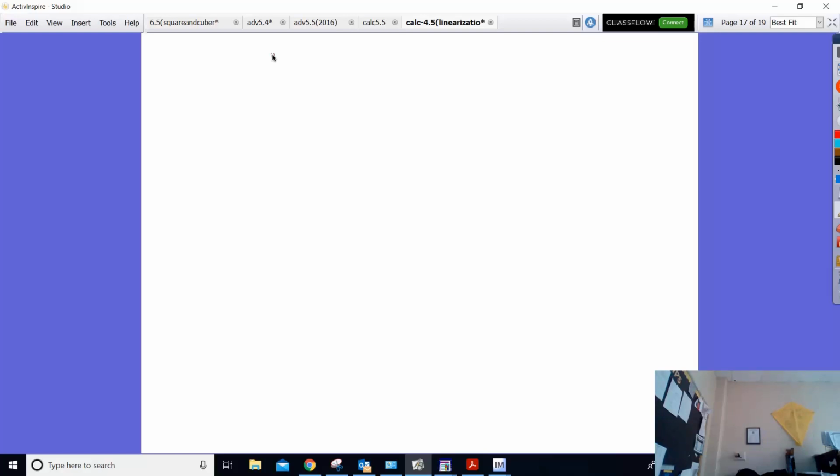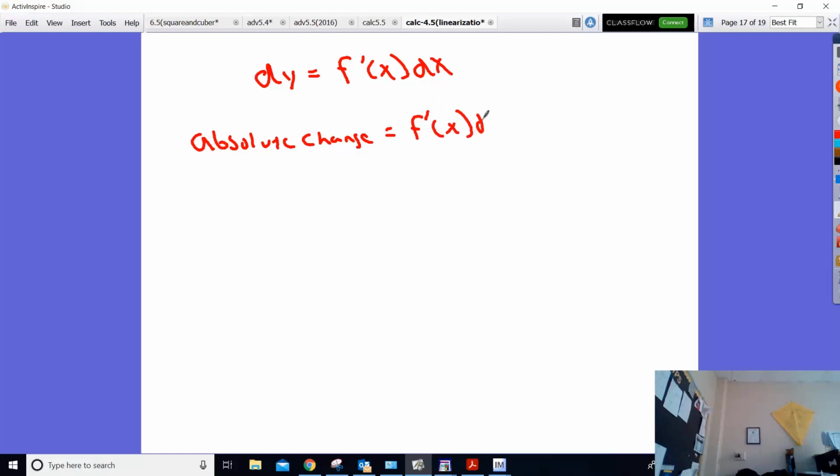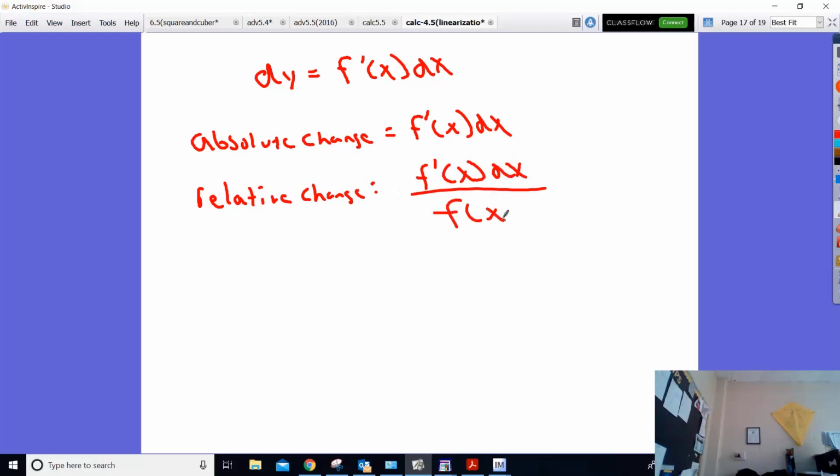All right, so you have some function, dy equals f prime of x dx. Absolute change is f prime of x dx. That's the absolute change. That's the estimate. Relative change is f prime of x dx sitting over the original f of x.